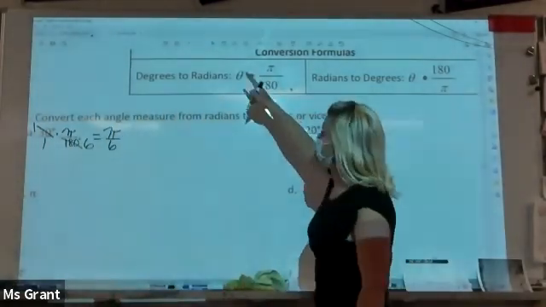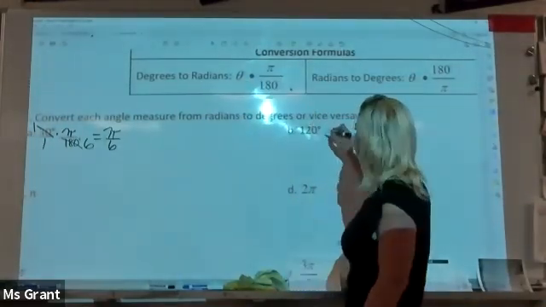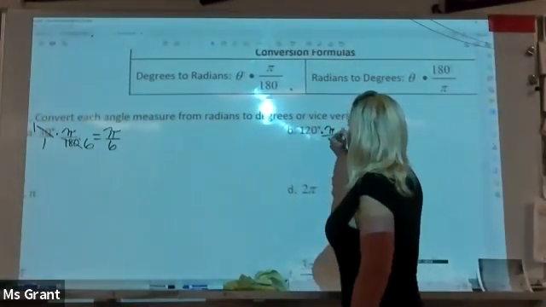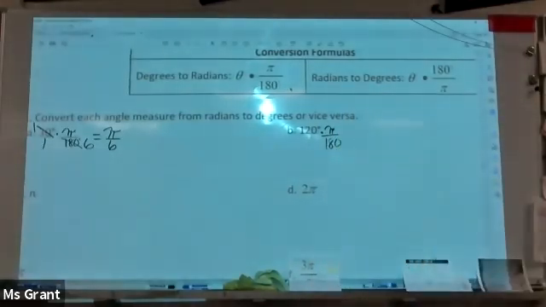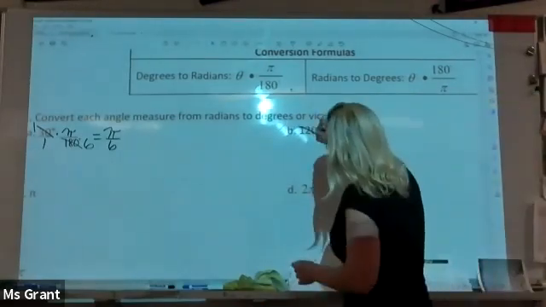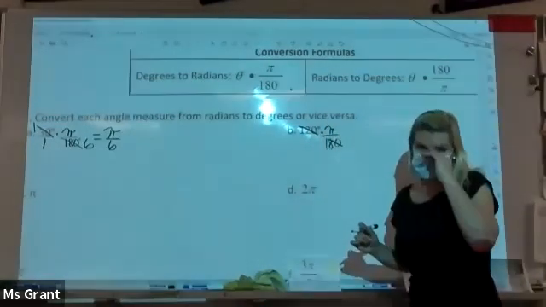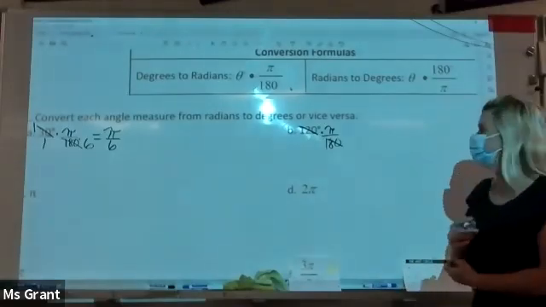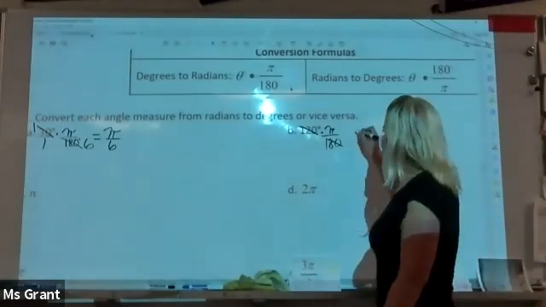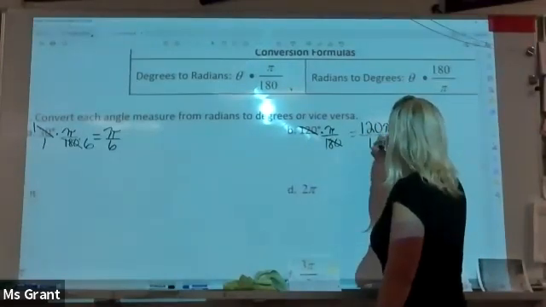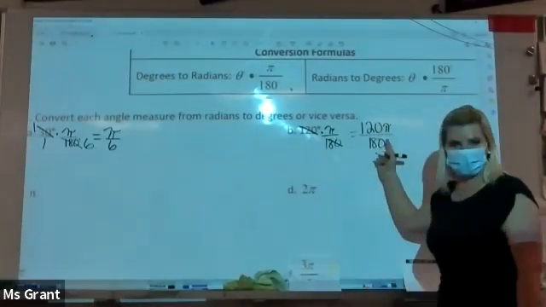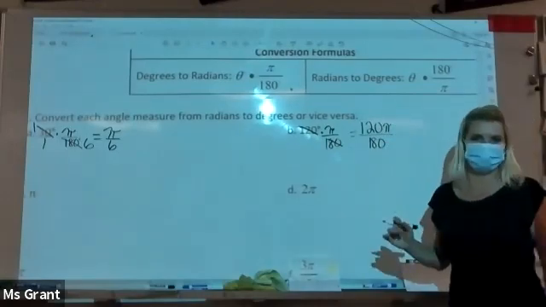B, 120 degrees. Degrees to radians, multiply by pi over 180. And this isn't going to simplify easy, like I'm going to have a number in the numerator too. 12 and 18. 6 goes into both of them. 60 goes into both of them, right? If you need to draw this first and then simplify, fine.